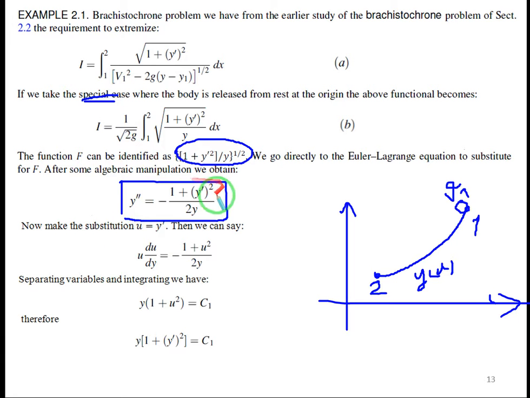In these forms of equations, when we don't have the independent variable x in the equation directly, we can rewrite the equations with y dash as a function of y.